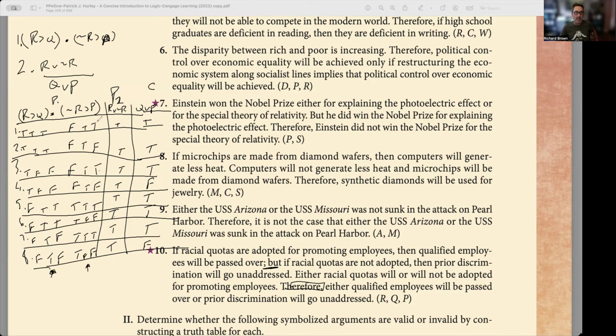So now we want to look at these columns right here and compute the dot of that. So true and true with the dot is true. And true with the dot is true. And false and true with the dot is false. And false and true is false, and true and true is true, true and false is false, and true and true is true, and true and false is false.